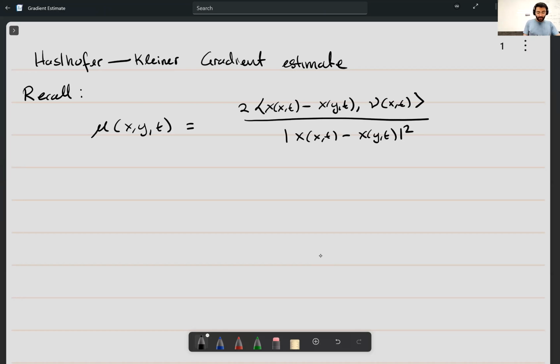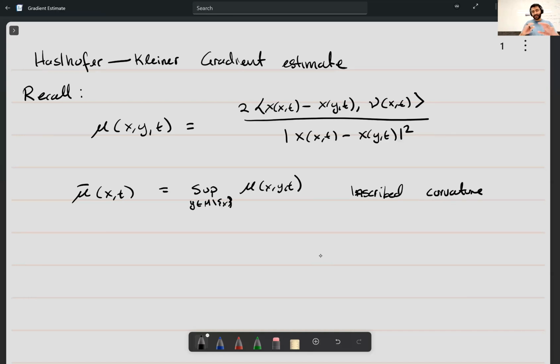And now we can define the inscribed curvature at (x, t) to be the supremum over y not equal to x of mu(x, y, t). So this quantity is the inscribed curvature, the principal curvature of the largest ball contained inside your surface.